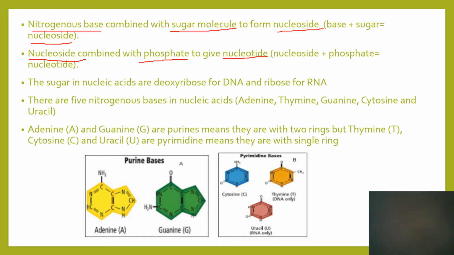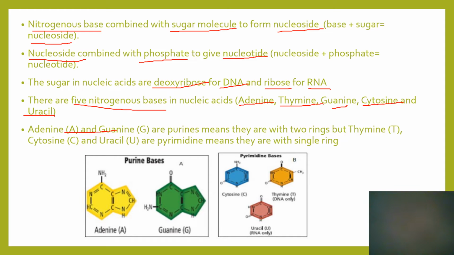The 5-carbon sugar in DNA is deoxyribose, whereas ribose is for RNA. There are 5 nitrogenous bases found in nucleic acids. These are adenine, thymine, guanine, cytosine, and uracil. These are the 5 nitrogenous bases which are found in nucleic acids.